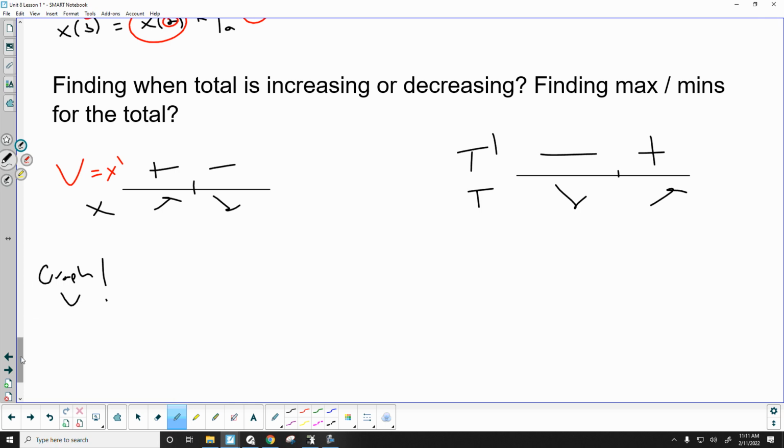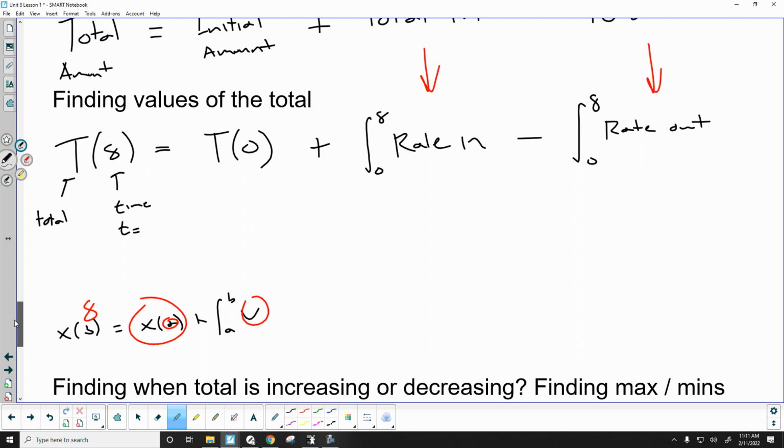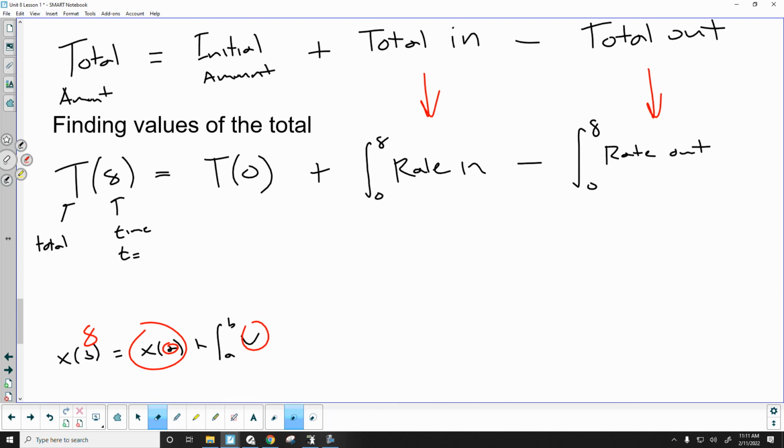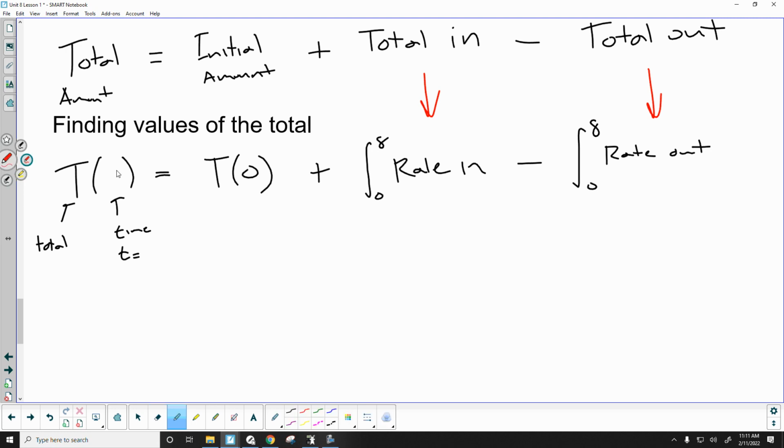Well, what's T prime? What is my velocity of T? One thing I can do is change this to just be a time. This is something new, but should make sense to us. I could plug in any number for T here to find a total amount.